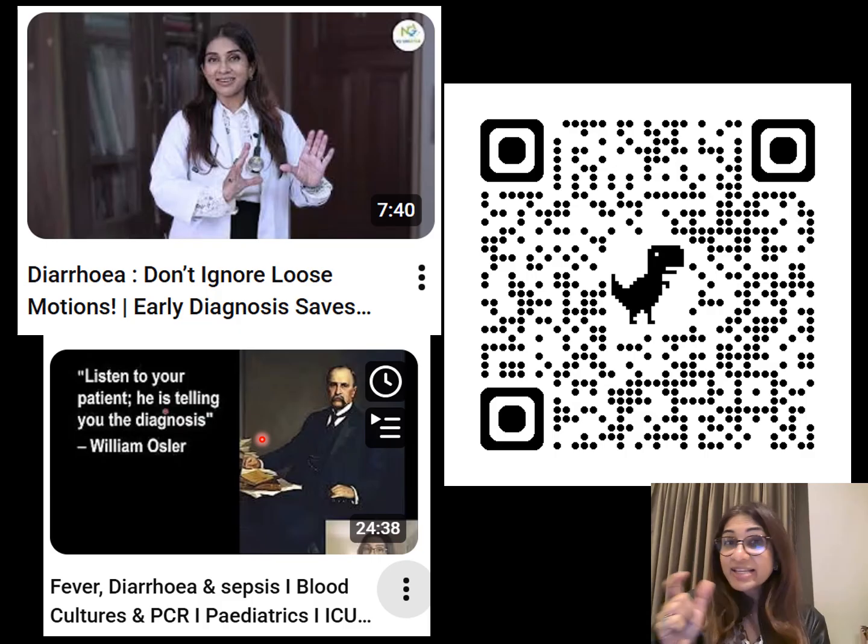Chocolate fudge has eggs, and that could be contaminated with non-typhoidal Salmonella. So this history gave us the clue, and this was confirmed with the stool BioFire GI panel. It detected Salmonella species, and the patient was managed accordingly.